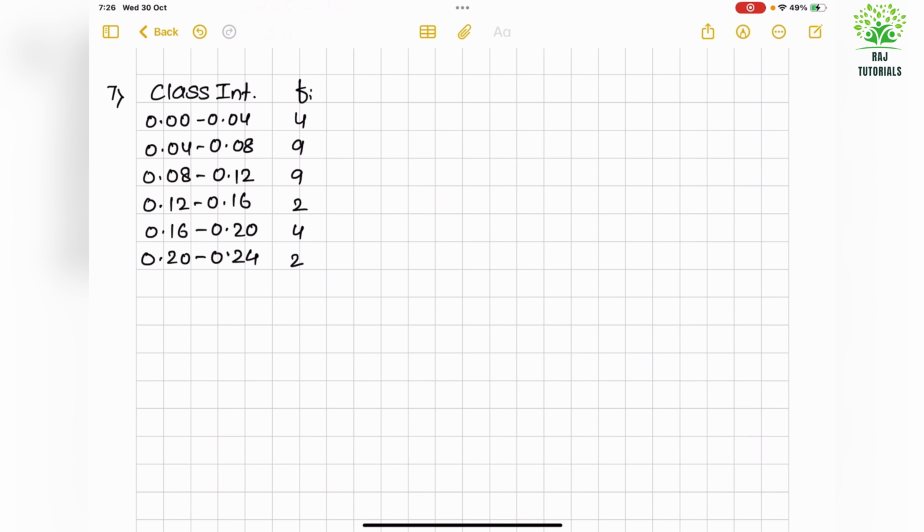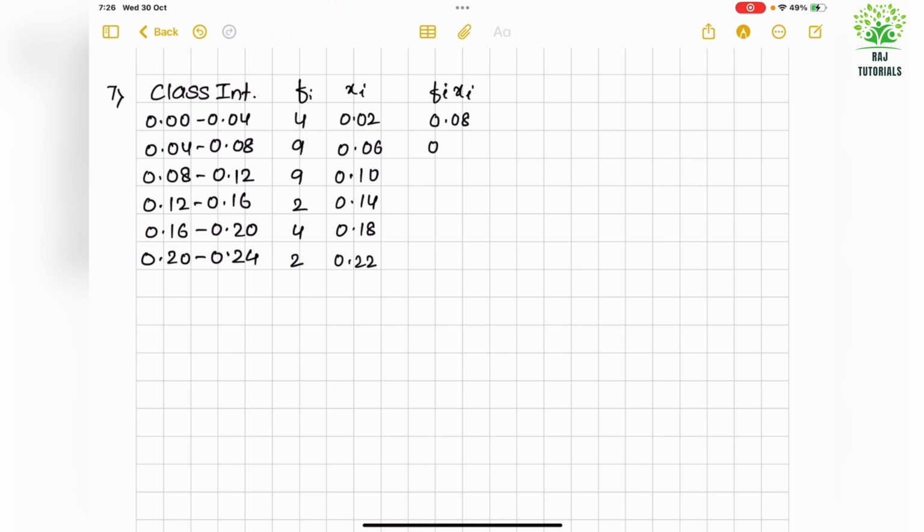Now if I find xi, that will be 0.02, 0.06, 0.10, 0.14, 0.18 and 0.22.